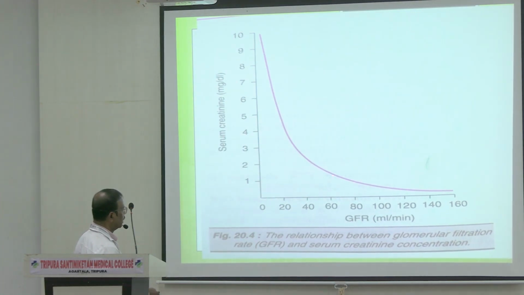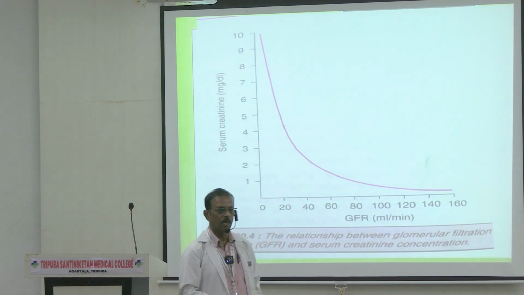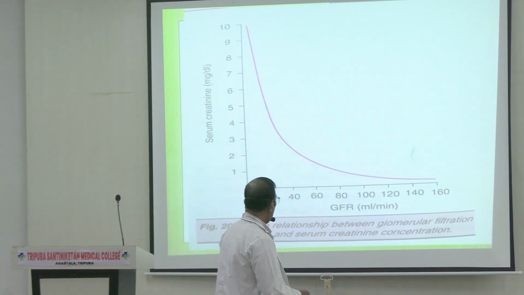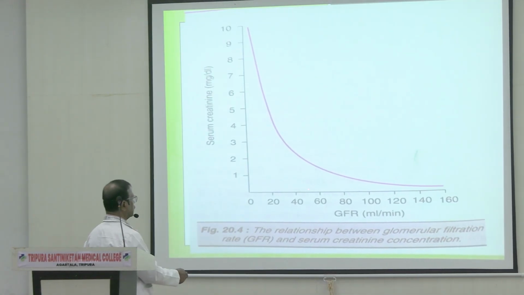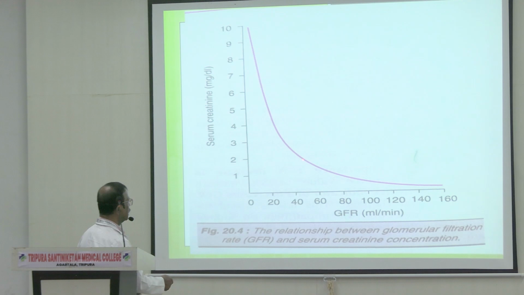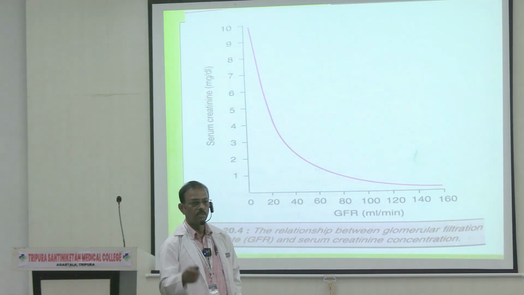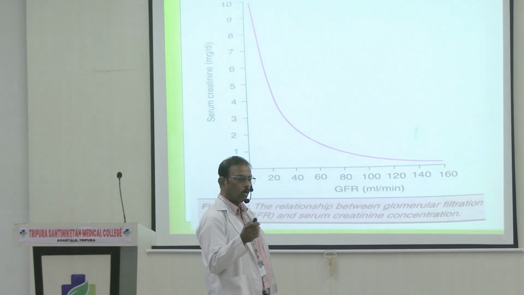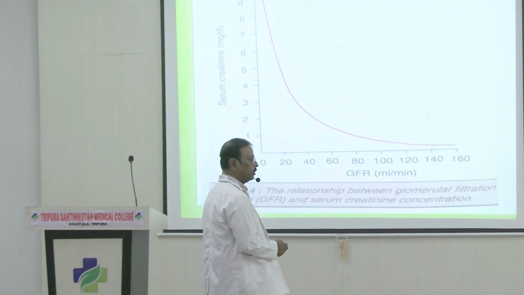It is more than 1. Normal value of creatinine is 1.2, some books write 1.4. Now when it comes to 50%, it is nearing about 2, say 1.8 or something like that.